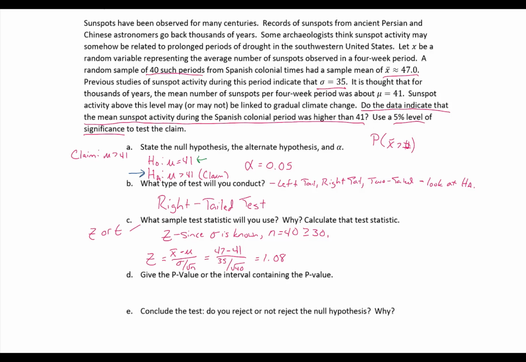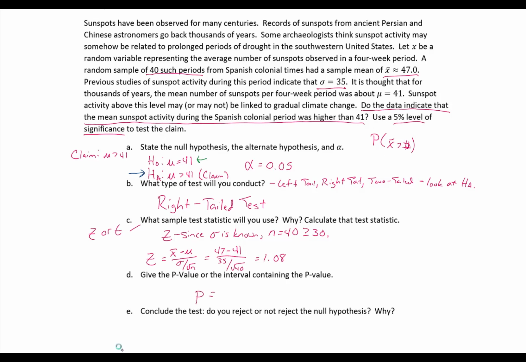It's possible with a t-test you could end up with a single p-value. If you're using technology, it's not going to be a problem. You'll always end up with a p-value. But most likely, with a t-test using the table, you're going to end up with an interval containing the p-value. Since we're doing the z-test, we don't have to worry about that. We're just going to end up with a p-value.